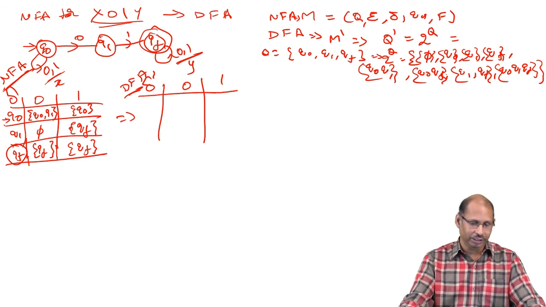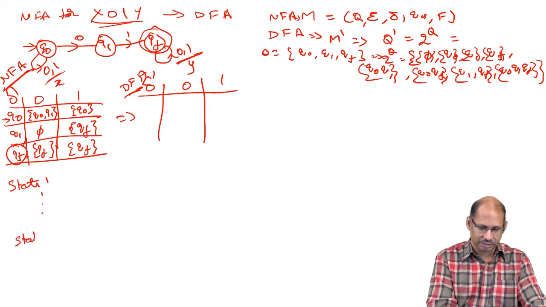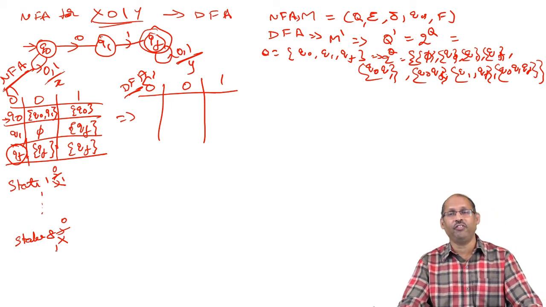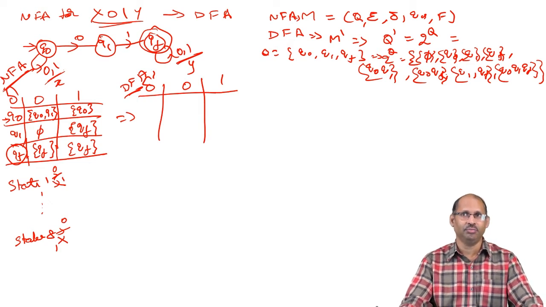So we have to write all the states, state 1 to state 8, each state on 0 and on 1. So we have to find 16 transitions. That is a lengthy procedure.